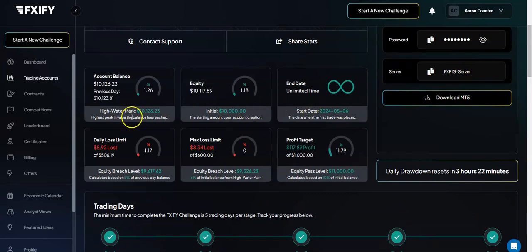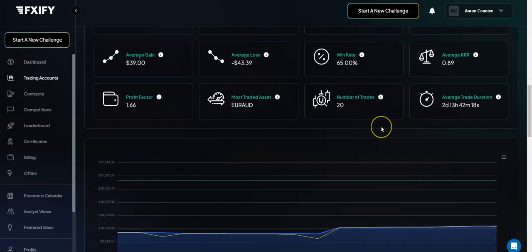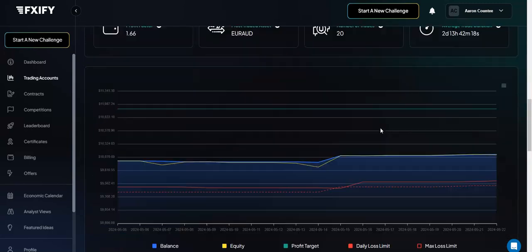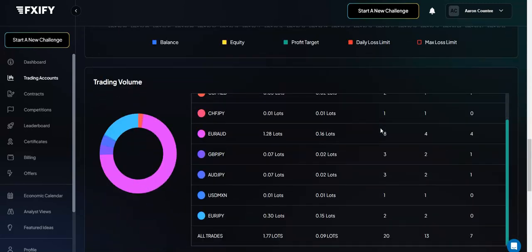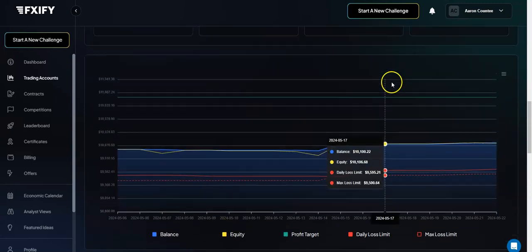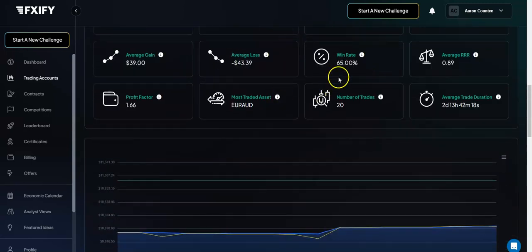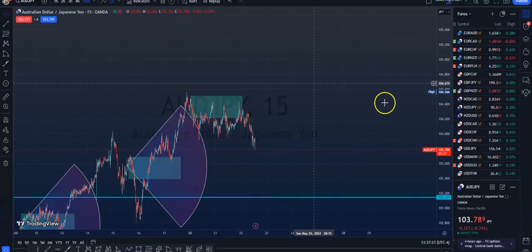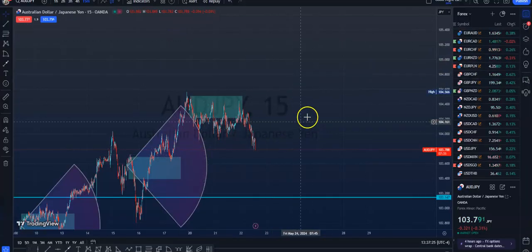Okay, so this is where we are right now. 20 trades and such. Right. Win rate, that should be a little lower, but well, I don't know. It is what it is. A 65% win rate. And that's that.